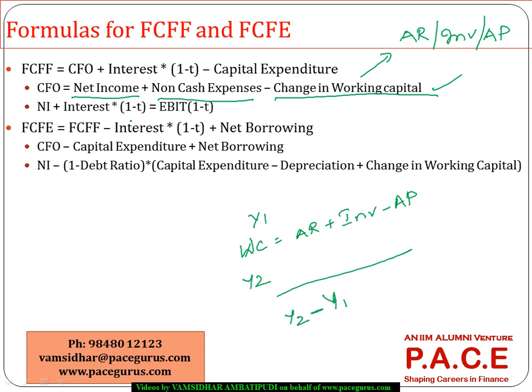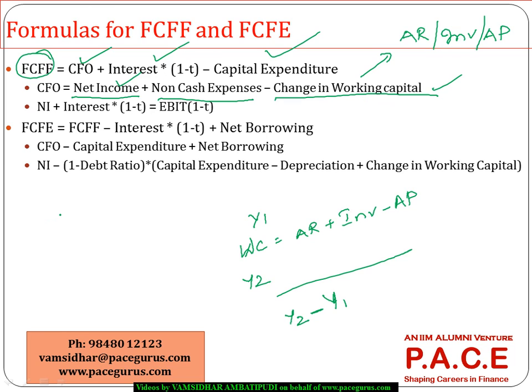So whenever I am getting into the computation of FCFF, I am taking the cash flow from operations, adding the interest into 1 minus T, and subtracting the capital expenditure. The cash flow from operations includes the net income, the non-cash expenses, minus the working capital.